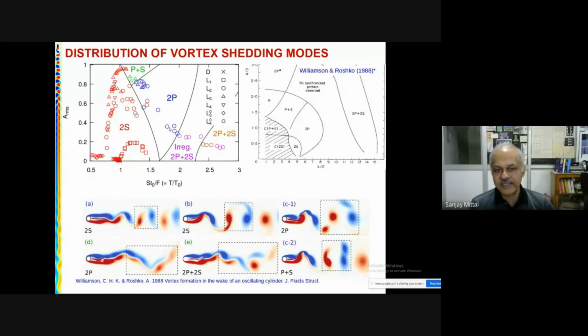So it's a very, very rich dynamics, and Furkan has very painstakingly tried to put it on this picture and shown that even though the flow is so complex, it actually behaves very similar to as if there is no splitter plate, just like an isolated cylinder, which makes sense because these vortex shedding patterns are really the result of a wake instability.